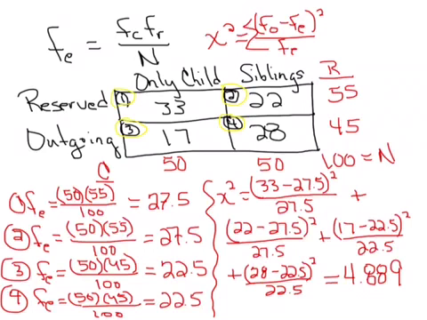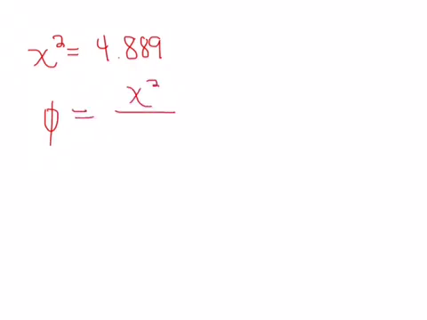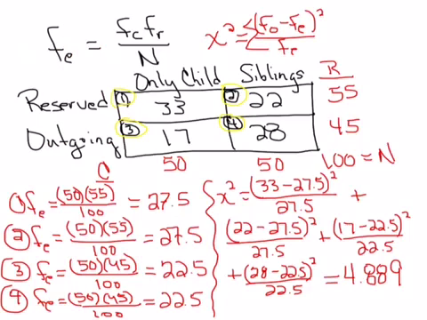So let's go to the next slide. Our chi-square, I'm just going to write that here, chi-square equals 4.889. Now we're going to use our phi coefficient for effect size. So that's chi squared over n, and take the square root of that. Now this n is the same thing as capital N, basically. So if you look, our n was 100.